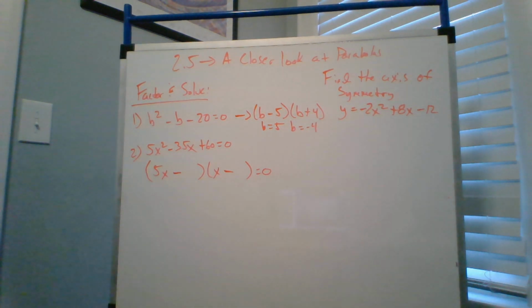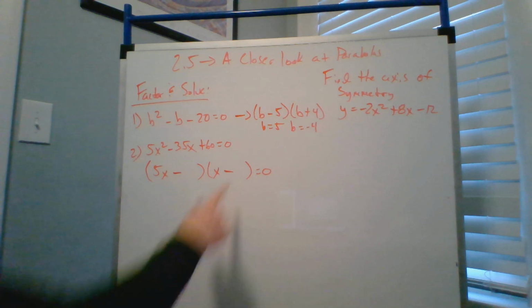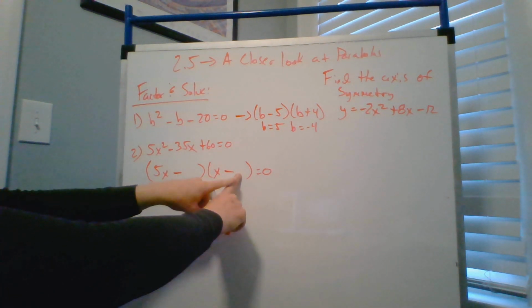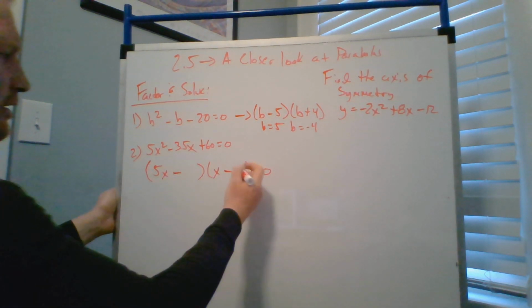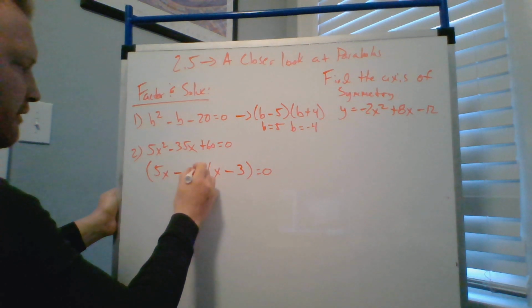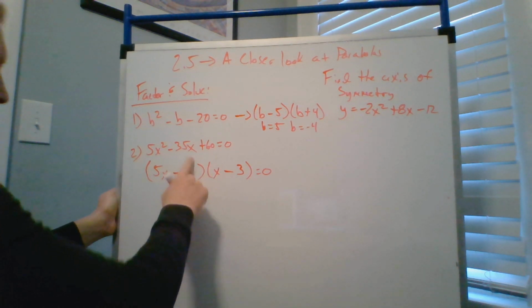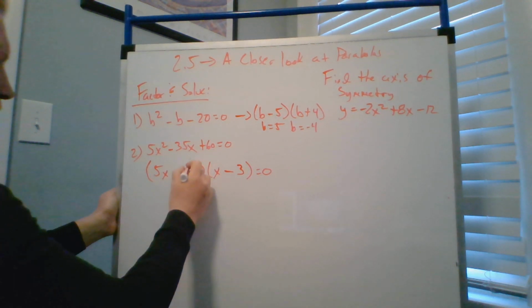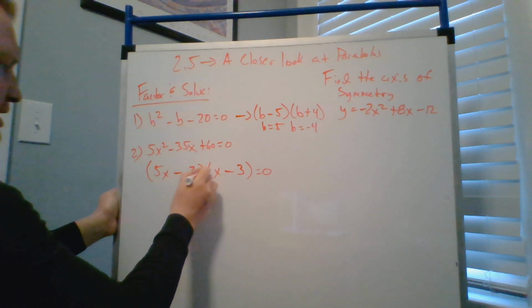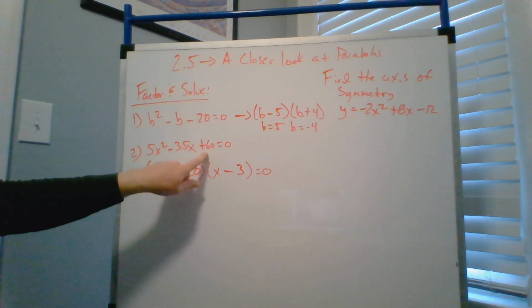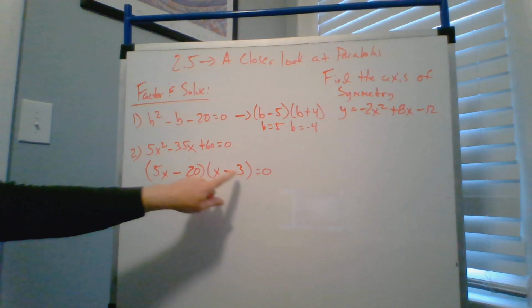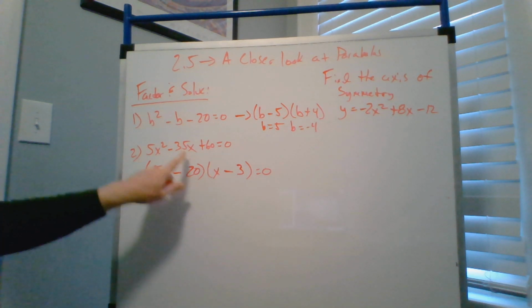That's not going to work. How about 20 and 3? 3 here, that's 15. 20, that adds to 35, perfect. So if I got 3 here and 20 here, that'll multiply to positive 60, negative 15 and negative 20 make a negative 35.